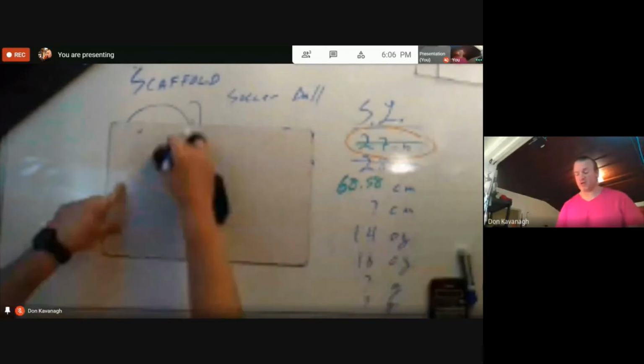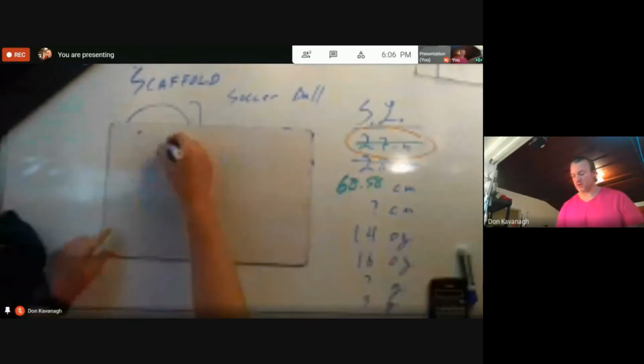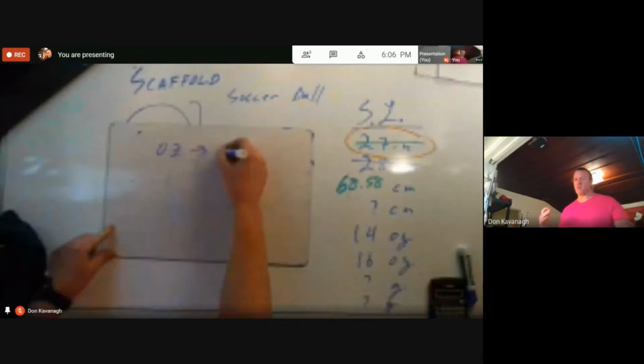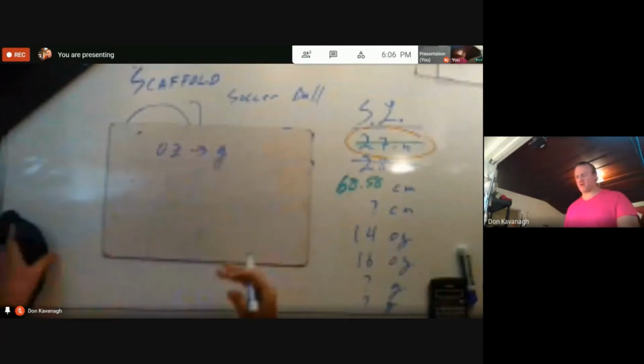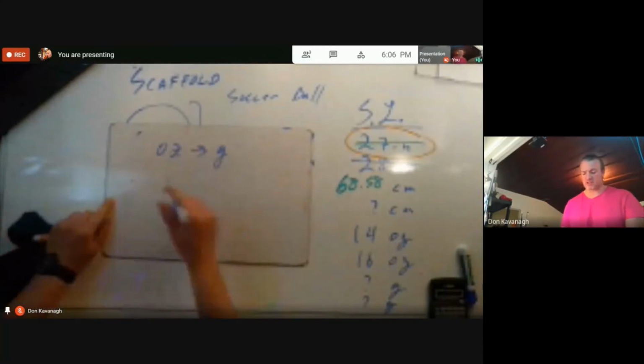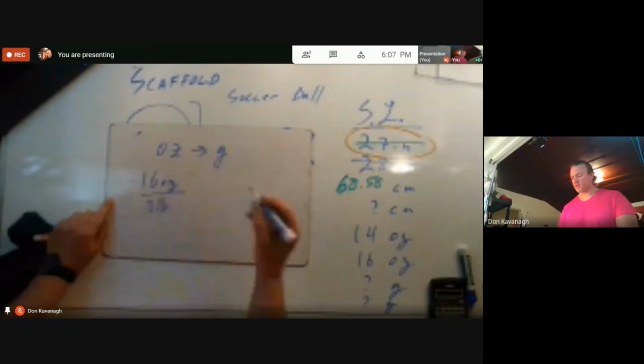I do not know a conversion that goes straight from ounces to grams. I'm sure there's one on Google, but I'm going to try to piece this together in a MacGyver kind of style right here. I do know a couple things about ounces. I do know that there are 16 ounces in 1 pound. And I do know that 2.2 pounds is 1 kilogram.